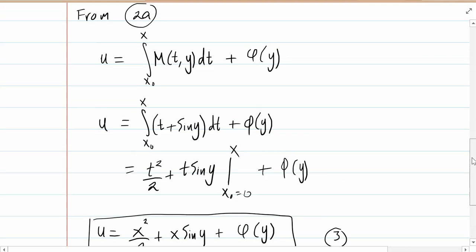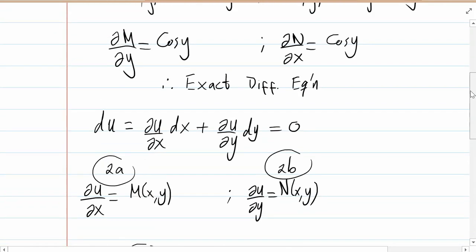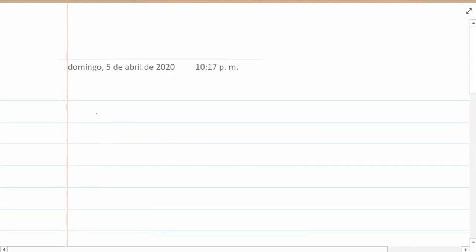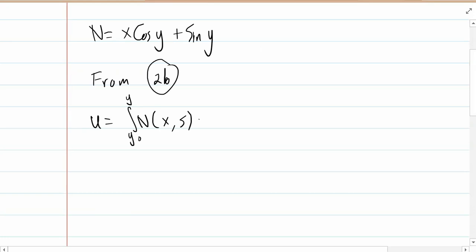We're going to do exactly the same, but now with equation 2b. We have that N is x cosine y plus sine y. Now from equation 2b, we have that u is equal to the integral from some y naught to y of N of x comma s ds plus a function exclusively of x.